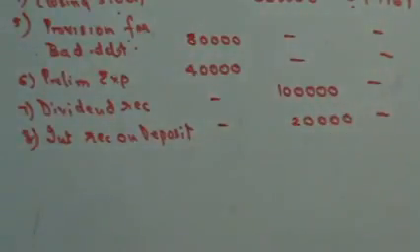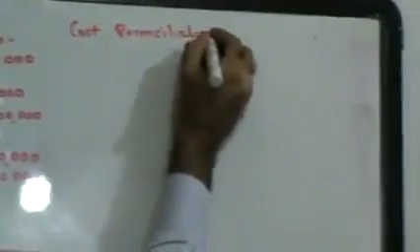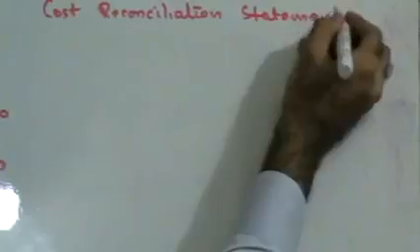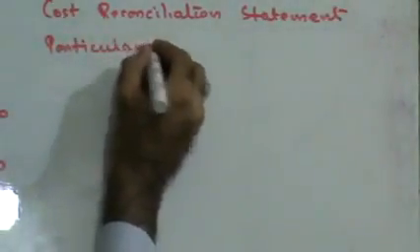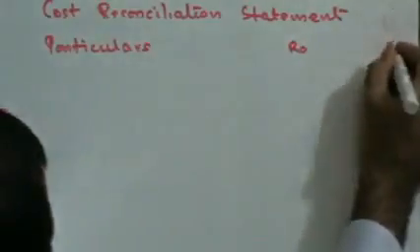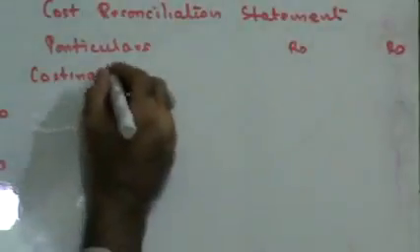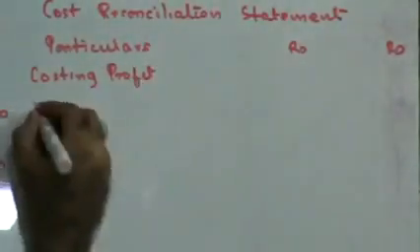Right? Now I'll make my cost reconciliation statement. Particulars, rupees, costing profit and less financial profit.